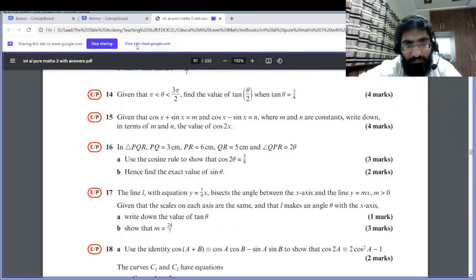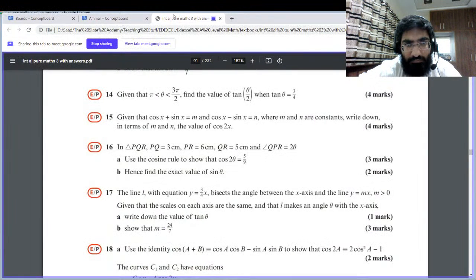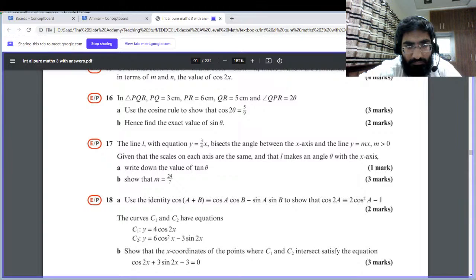That will give you this. And what else would it give you on the other side of the equation? So cos 2x is equal to nm. Okay, that's it. Next, 16.